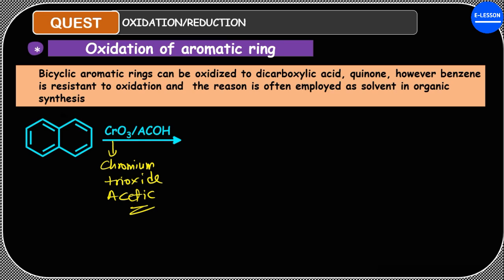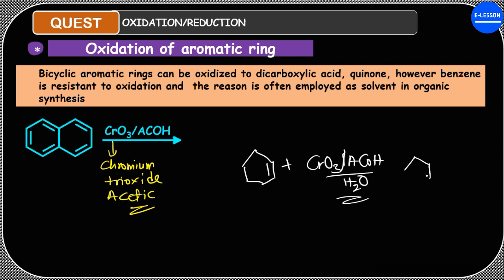It's true. If we can still remember what we did initially here, let's say you have something like this, react with chromium trioxide in acetic acid in water, H2O. We said it's going to form a variety of products.